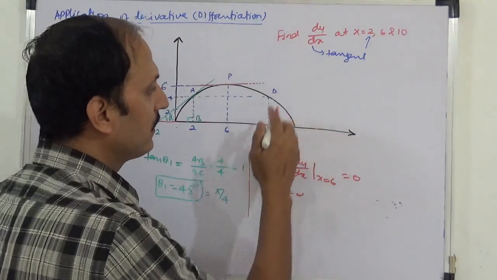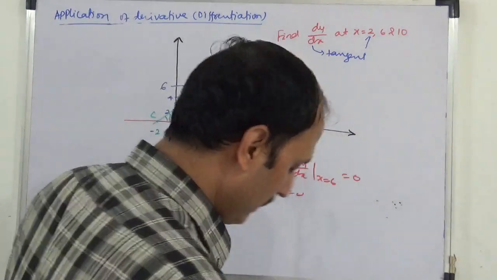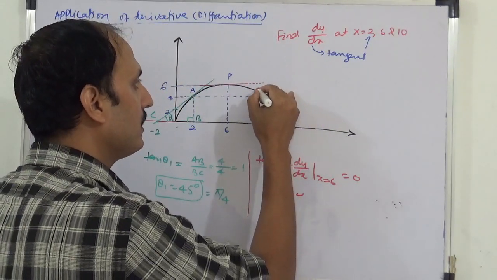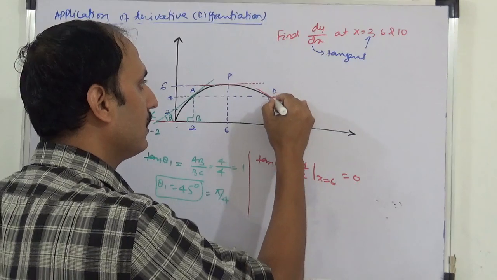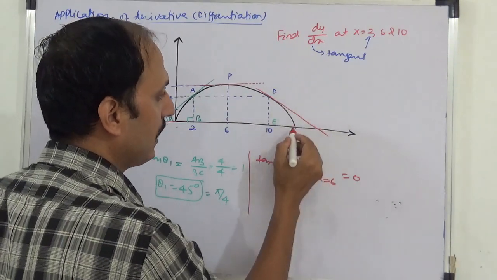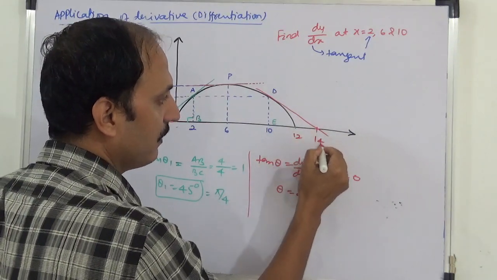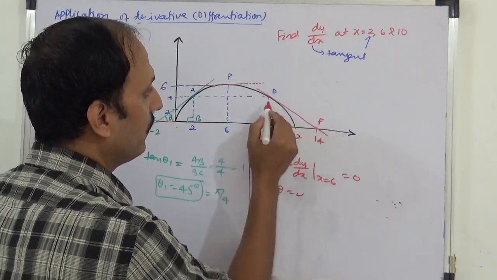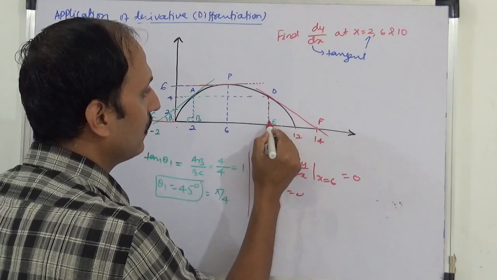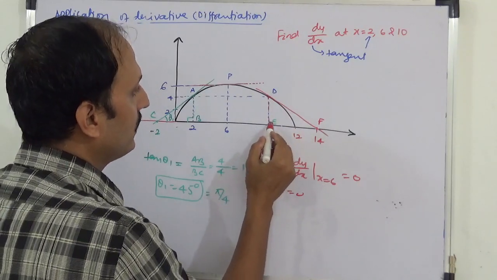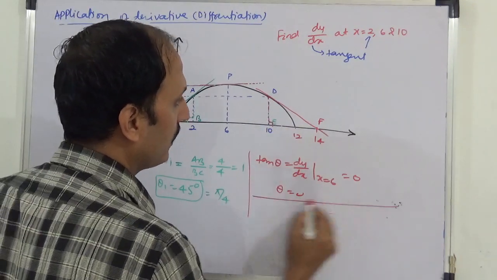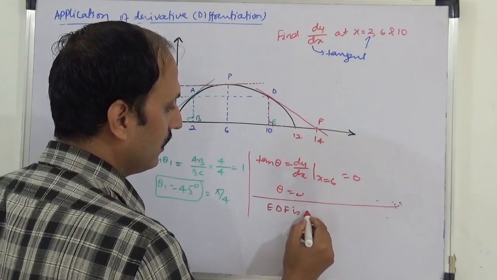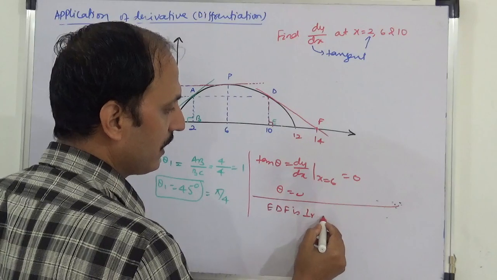Now at 10, again we have to find dy by dx, so draw the tangent. This is 12, this is 14. It is given in the curve. So let's say ED. In this triangle, EDF is a right angle triangle.